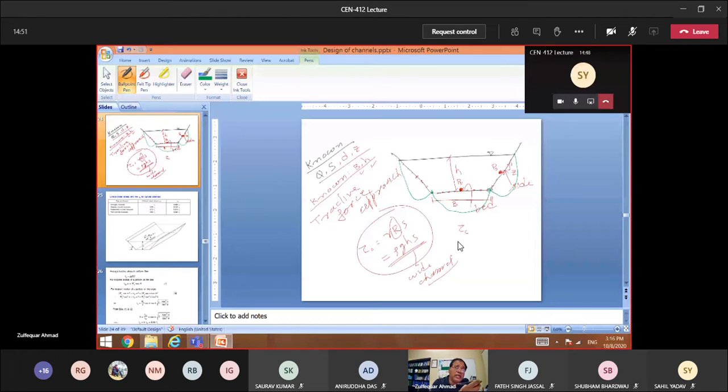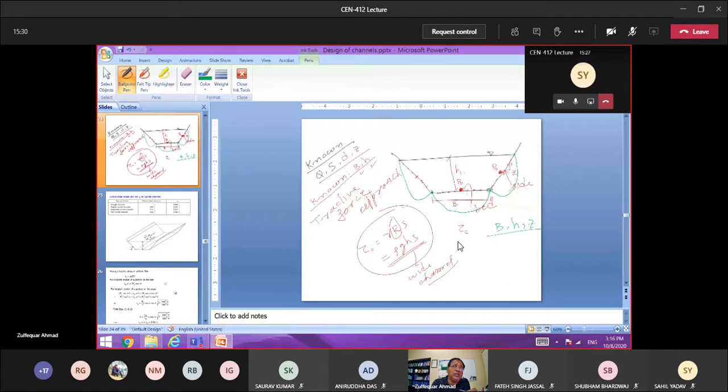And in the graph, I will show you how much shear stress is acting on the bed and the side for a given section of the channel, corresponding to B, H and Z. So on the basis of B, H and Z, we'll get from this graph the maximum shear stress that is acting on the bed. I'm saying that maximum.